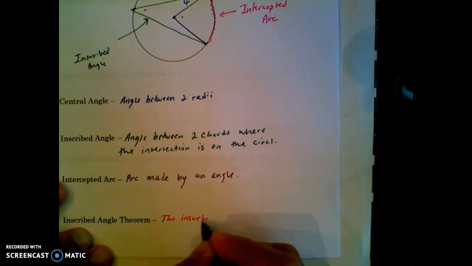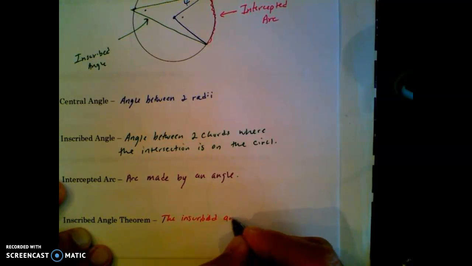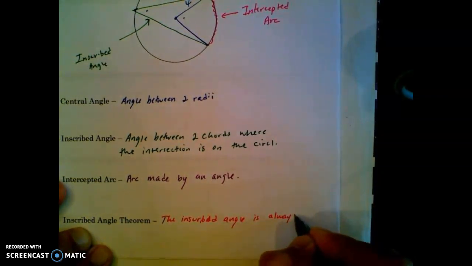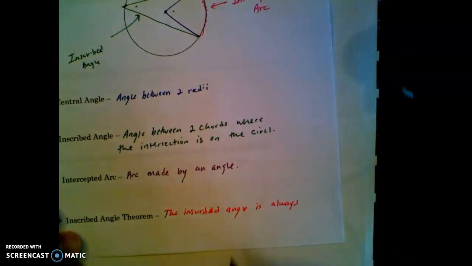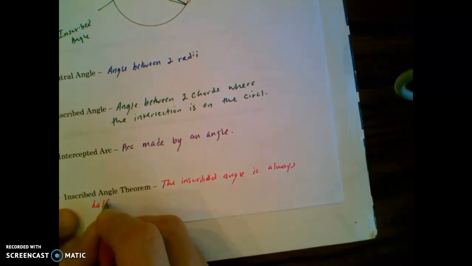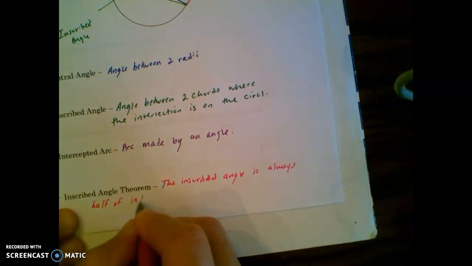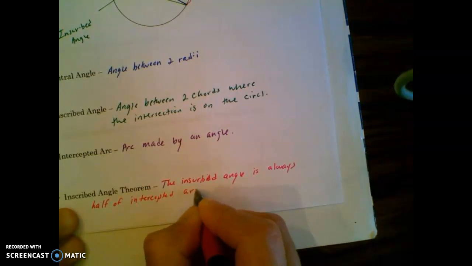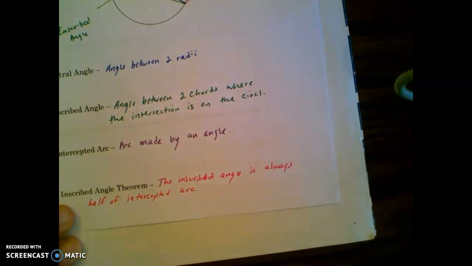I'll do that in a different color. The inscribed angle is always half of the intercepted arc. Or you could think of it another way.